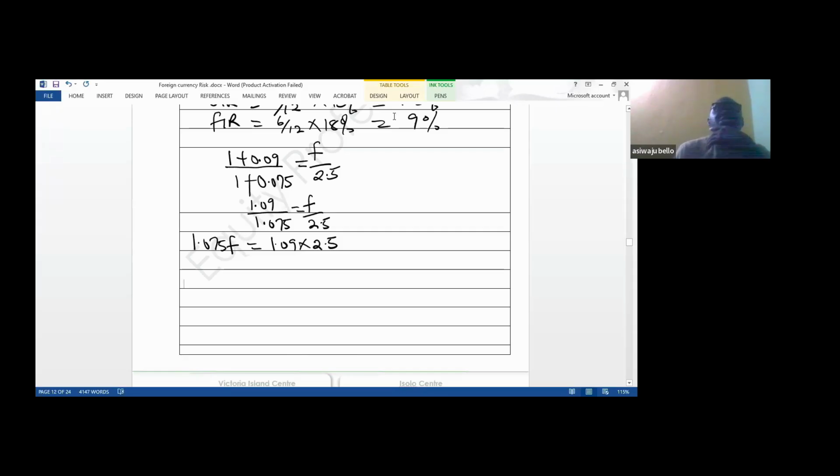My F is equal to 1.09 multiplied by 2.5 divided by 1.075. Please, what is F?